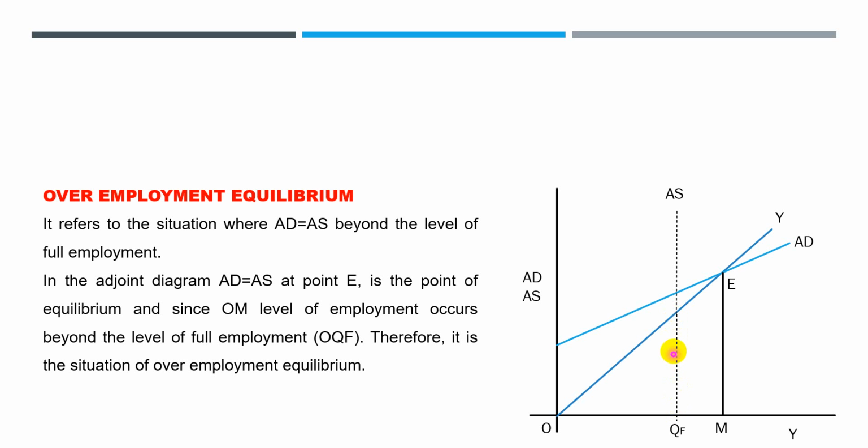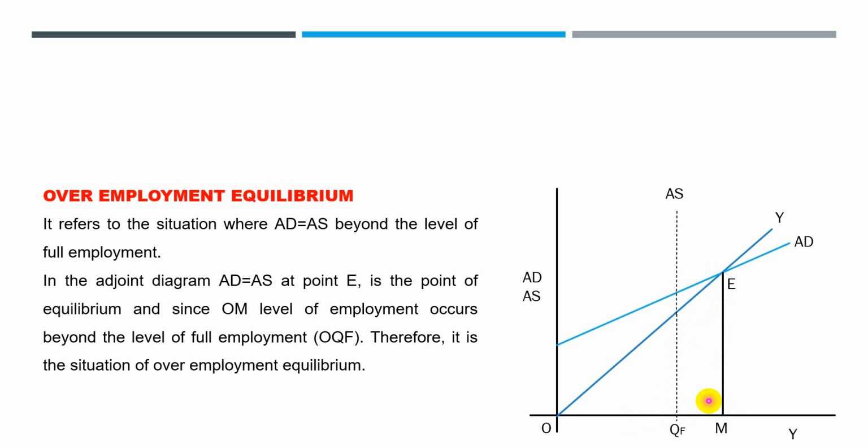OQF is the full employment level, but AD intersects the income line at point E. So E is the point of equilibrium and OM is the equilibrium level of output, income and employment.